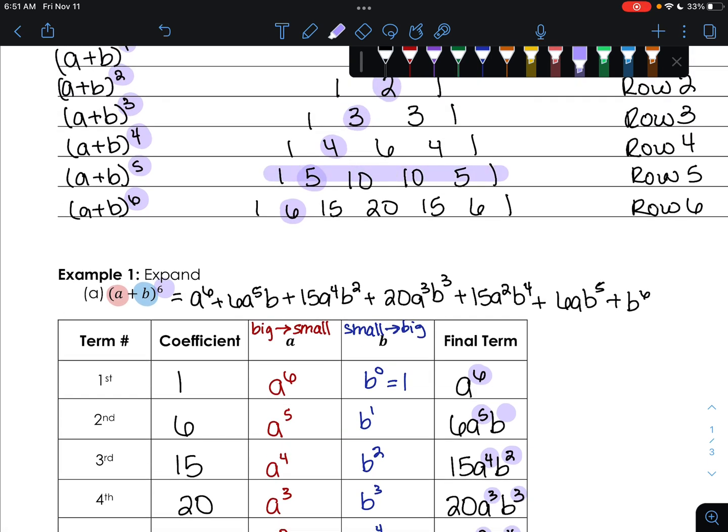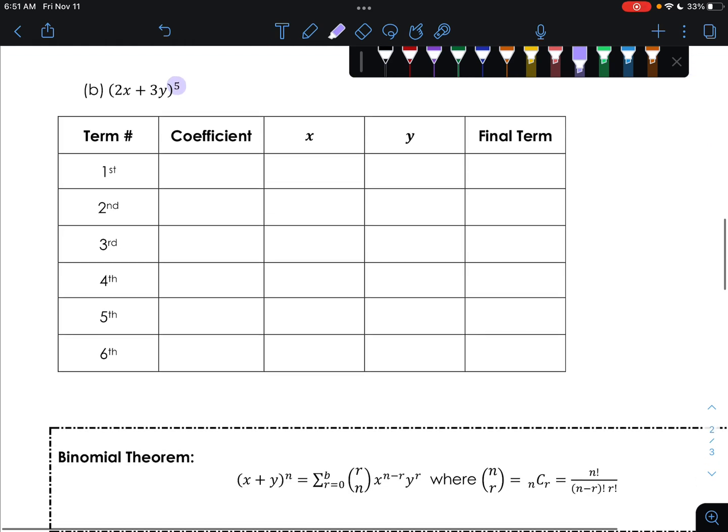That would be row 5, where my second number is a 5. So those are my coefficient terms that we're going to use. So we have 1, 5, 10, 10, 5, 1. Now, we're going to take the first thing and work our way from big to small.